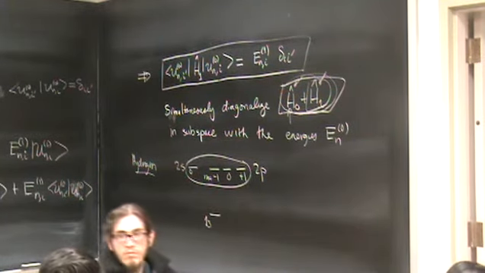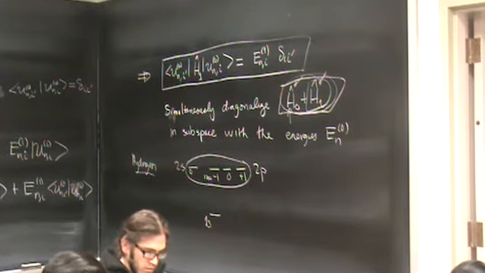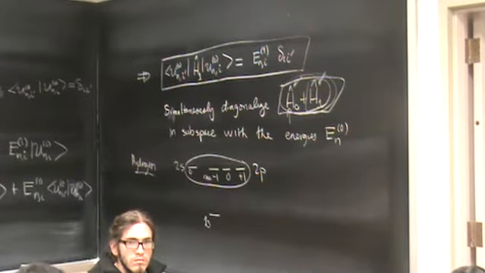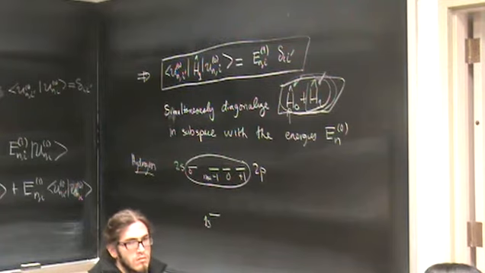Just to make sure, when we had a degeneracy, we didn't see the problem at E1, right? At first order in the energy, we didn't see that problem. We don't.